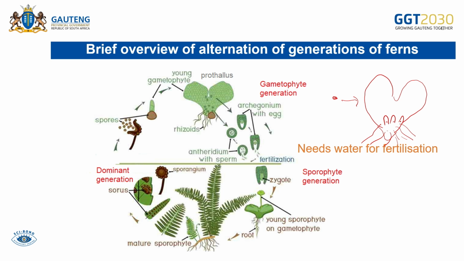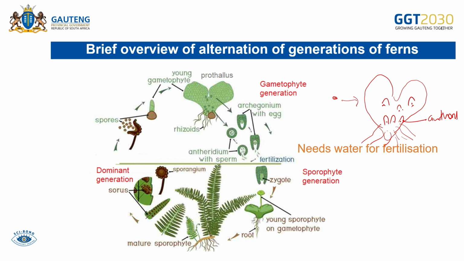They're going to be produced inside this structure called the antheridia. And then near this notch, this is the notch, you're going to have your female egg cells like that. Okay, this is called the archegonia with an egg cell.